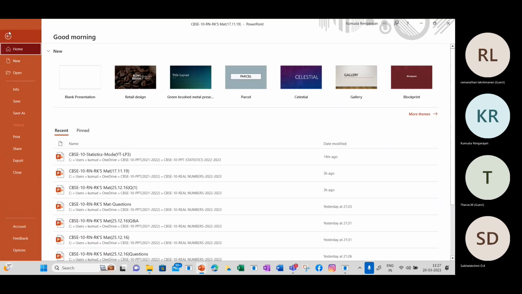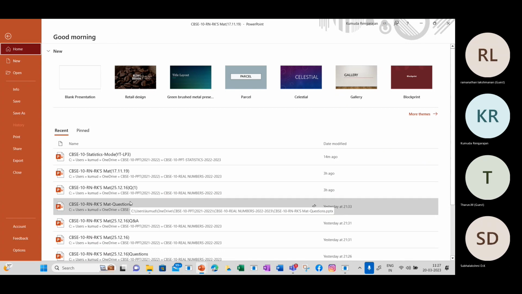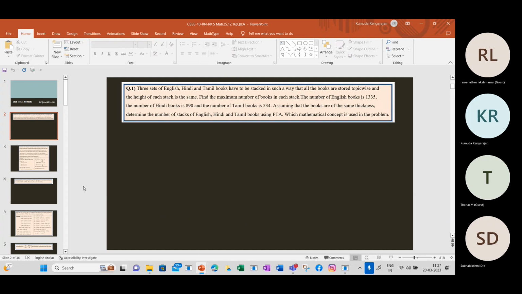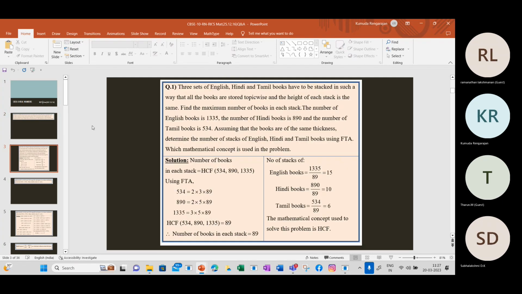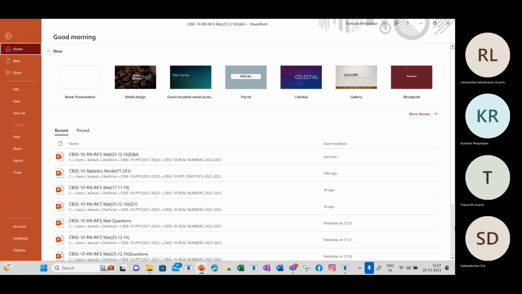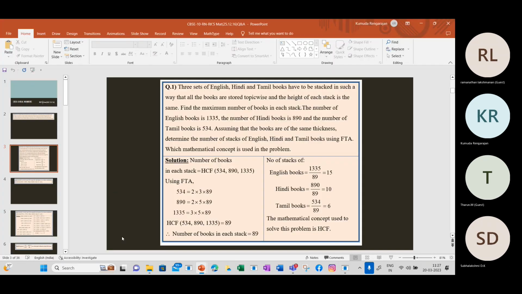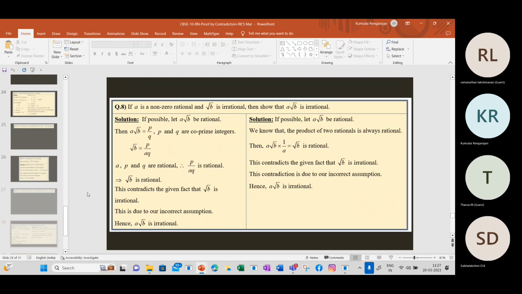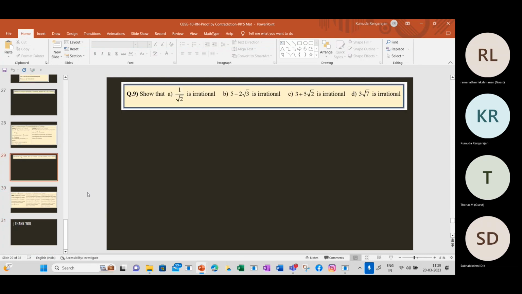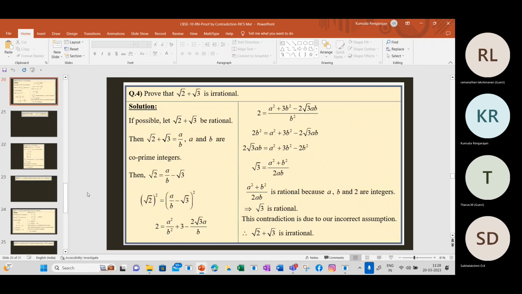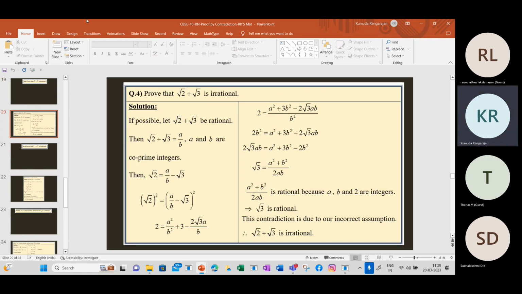I'll just show you that. Similar, not the same, similar.